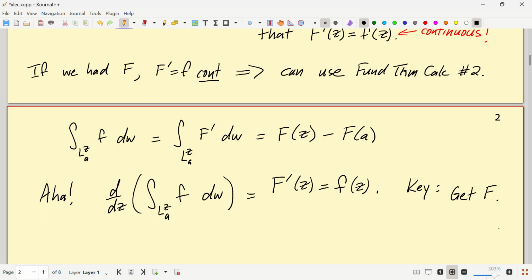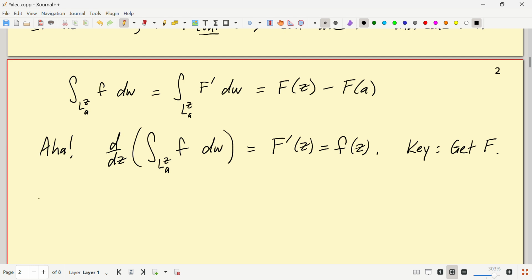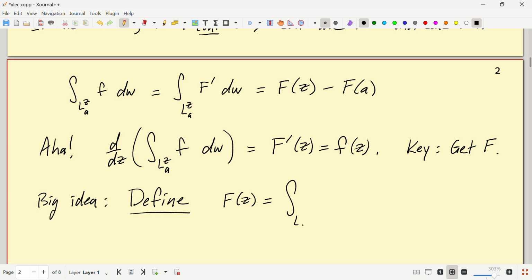So the big idea is to define F of z to be this integral. Okay, of course that's well defined, because I fixed my point a and I've got a line.